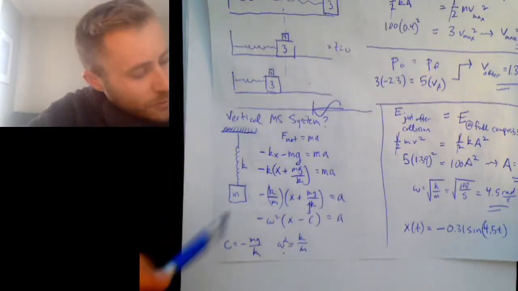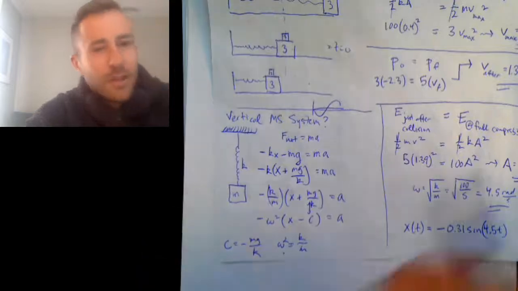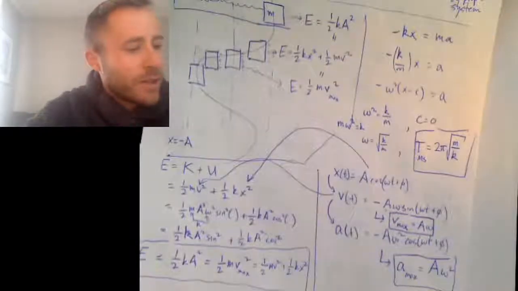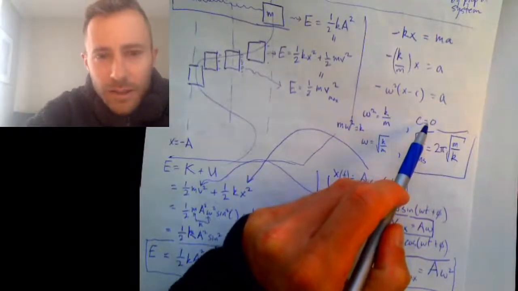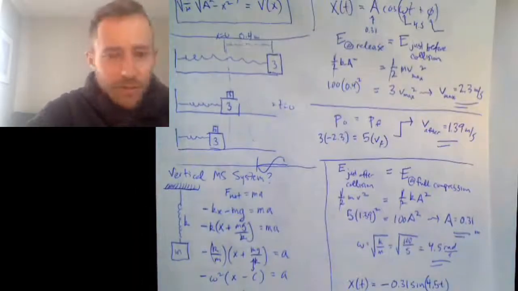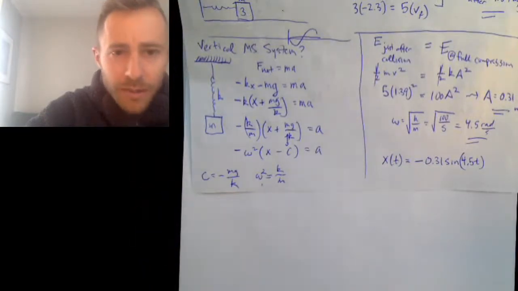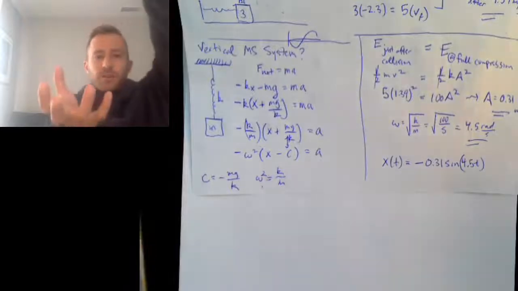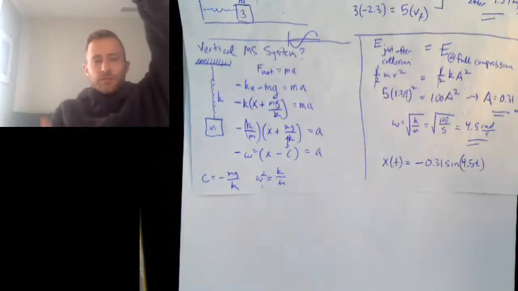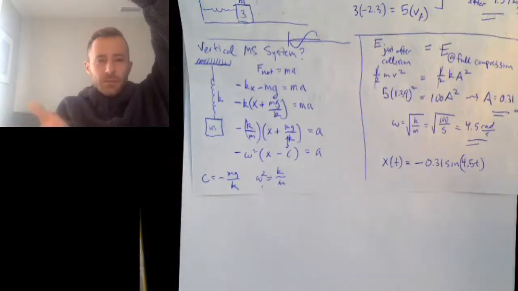But what does change is instead of the system oscillating about c equals 0, it oscillates about a negative value of c. So what that means is that gravity is going to stretch the spring so that it's oscillating about a sagged position.